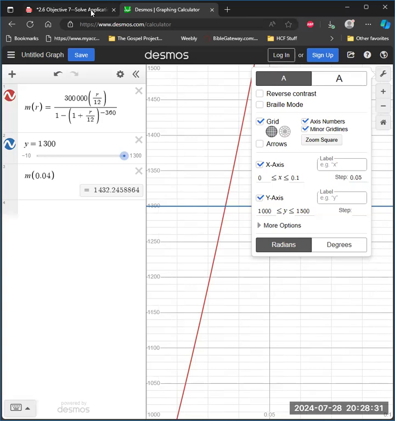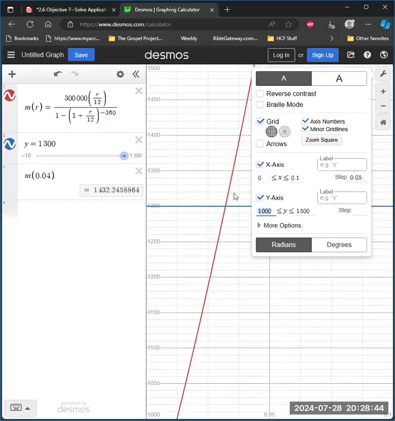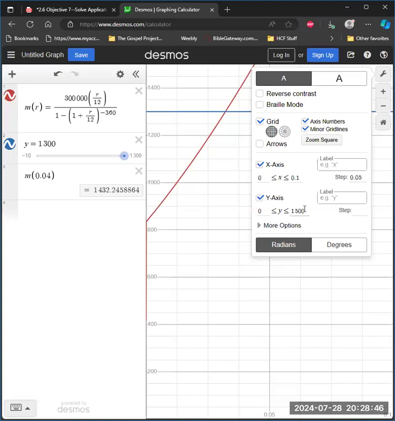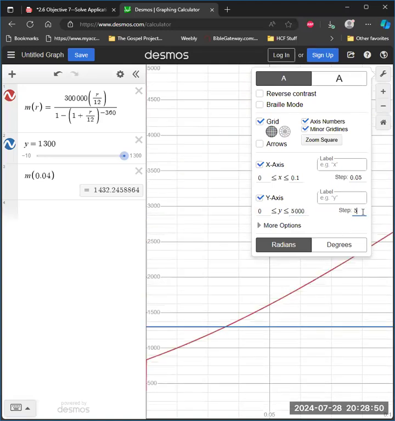And then y is going from 0 to 5,000 by 500s.